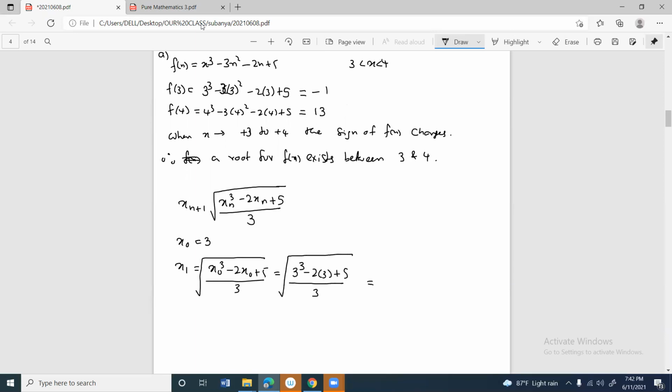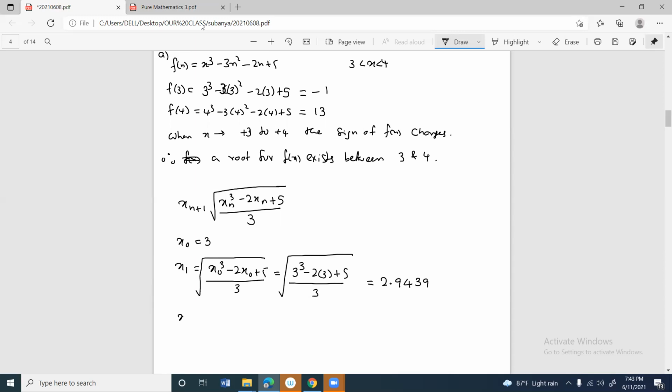We'll work out and see what you get here. The first answer is 2.9439. I'm going to take it to 3 decimal places, so I just write it to 4 decimal places.